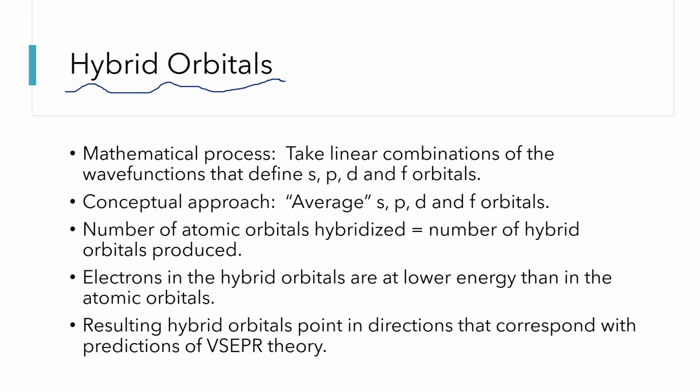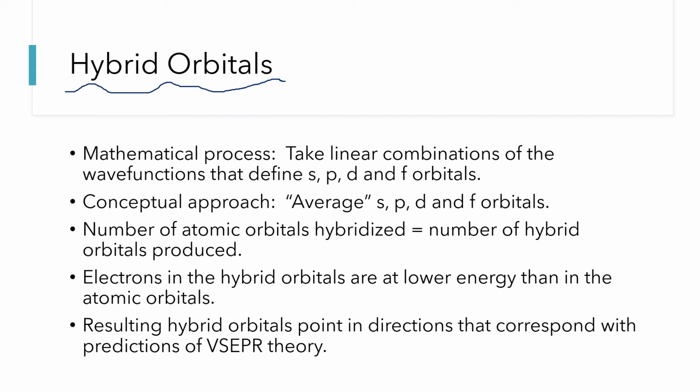For those of you who love math, you'll like this first line. The mathematical process that we use to create hybrid orbitals is we are going to take linear combinations of the wave functions that define the s, p, d, and possibly even f orbitals.